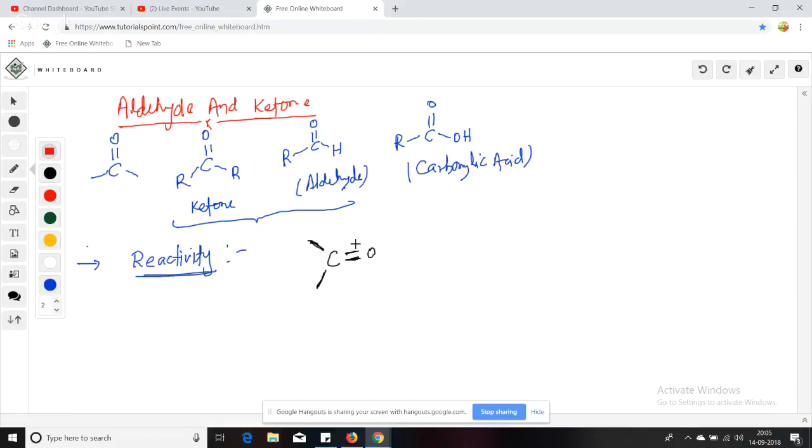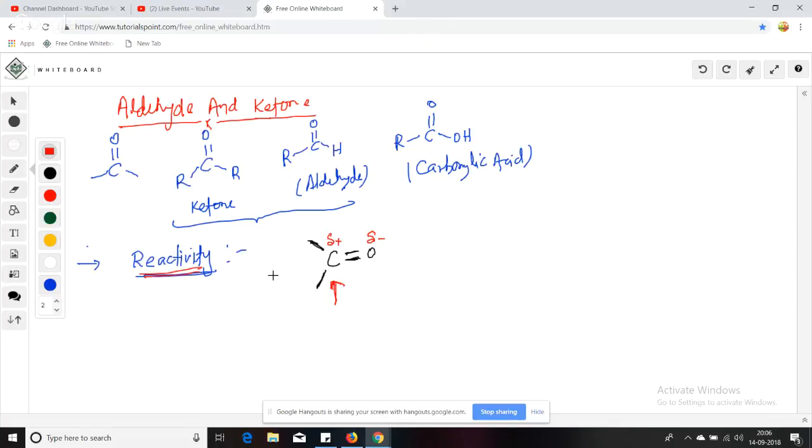So the bond pair of electrons is shifted towards the more electronegative atom, that is oxygen. We write partial negative charge on oxygen, and the carbon contains partial positive charge. Any nucleophile has a tendency to attack this carbon atom, and that is how the reactions of various carbonyl compounds proceed.